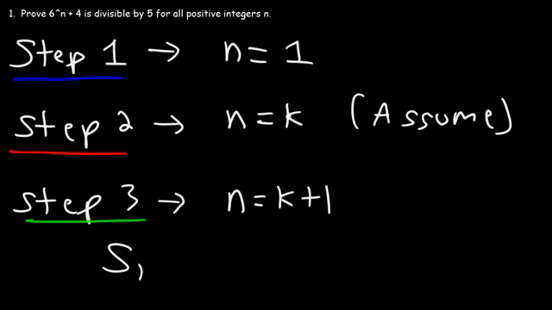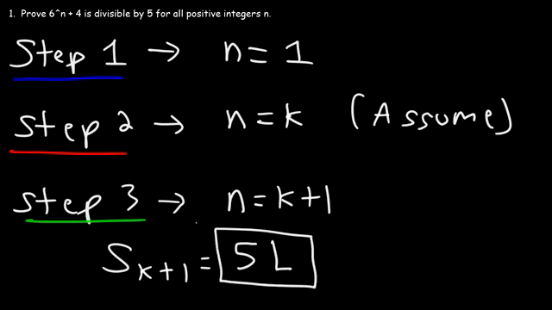So we can say that the statement S sub k plus 1 is equal to 5 times some integer l. If we can show this, then it means that this expression, and thus the original expression, is divisible by 5. Because if you divide 5 multiplied by some integer by 5, you're going to get that integer. So 5 times any integer, whatever that is, will always be divisible by 5.